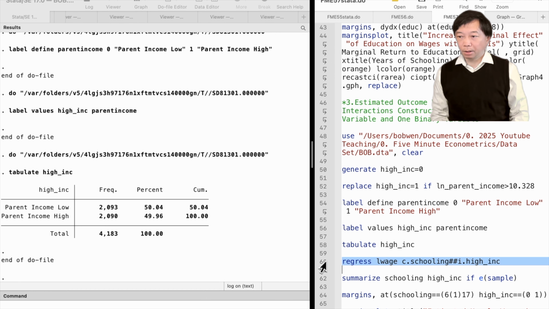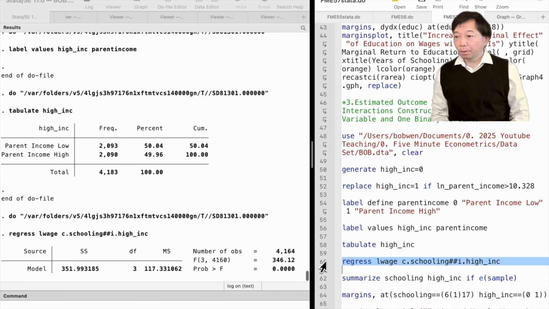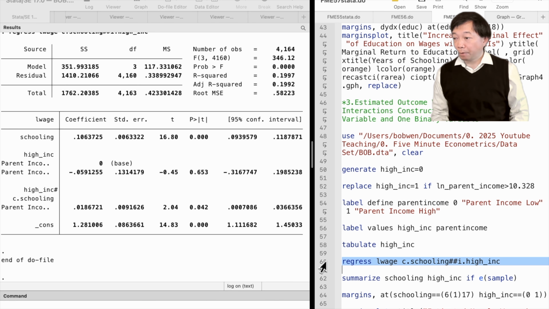We want to know whether the return to education differs between workers from different family backgrounds. Using a double hashtag between the two variables includes the level terms and their interaction term in the model. The interaction term is statistically significant at the 5% level.